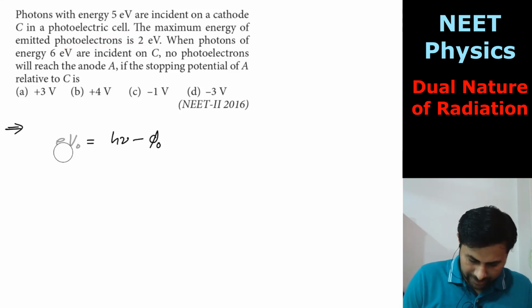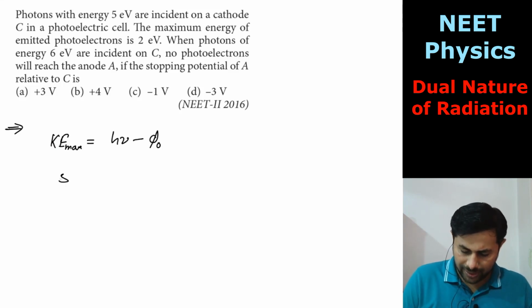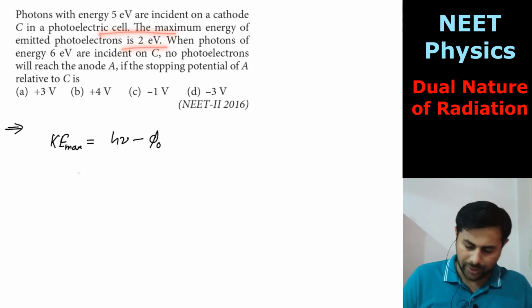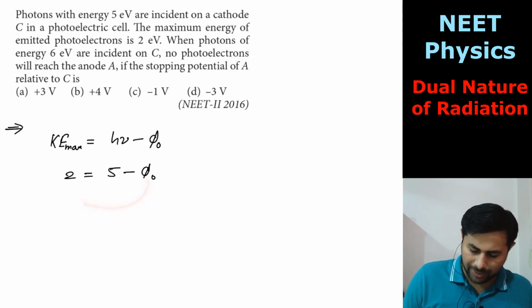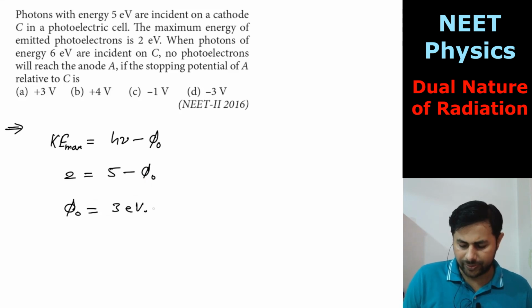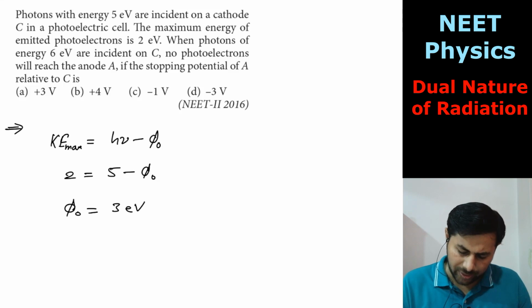So KE max is equal to h nu minus phi naught. So 2 is equal to energy of light, 5, minus phi naught. From here you get phi naught, which is 5 minus 2, so that is 3 electron volts.